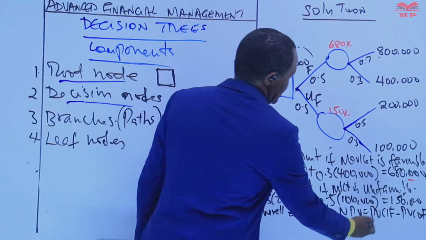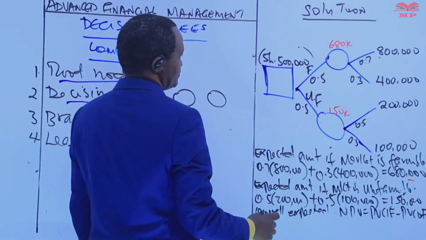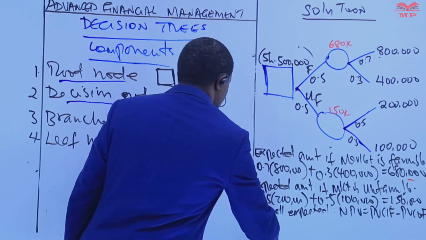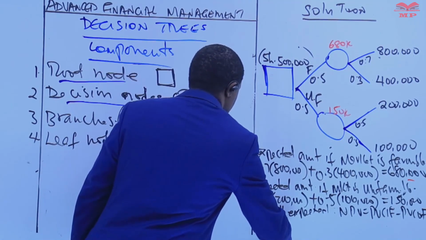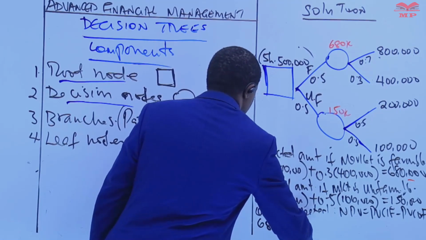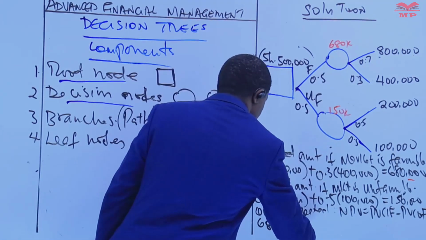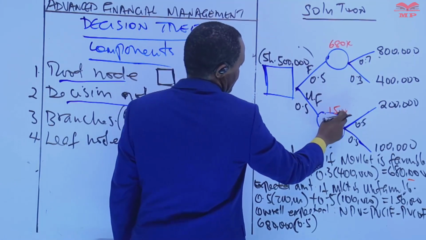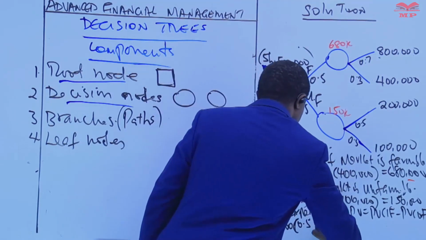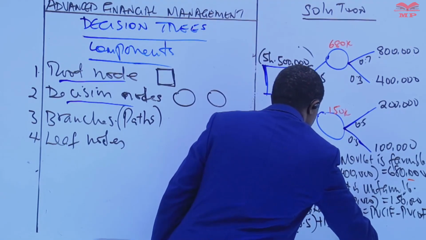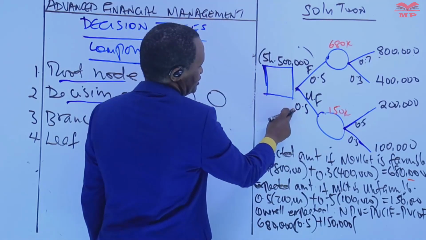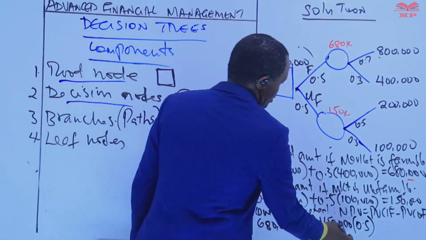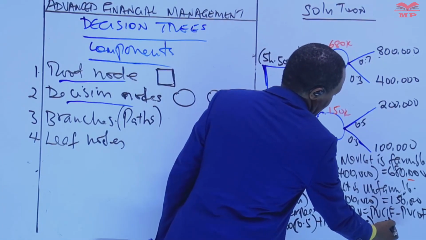So the inflow will be 680,000 times 0.5, then the 150,000 times 0.5. These two comprise the present value cash inflows.